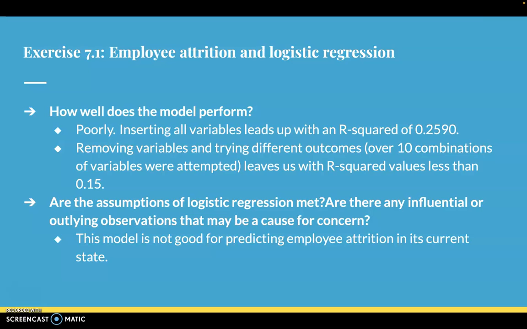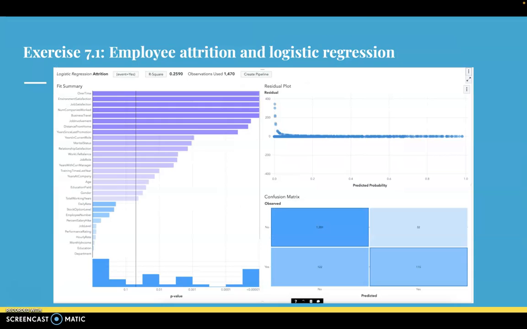But when we remove variables to try different outcomes, we were not able to get an R squared value of greater than 0.15.